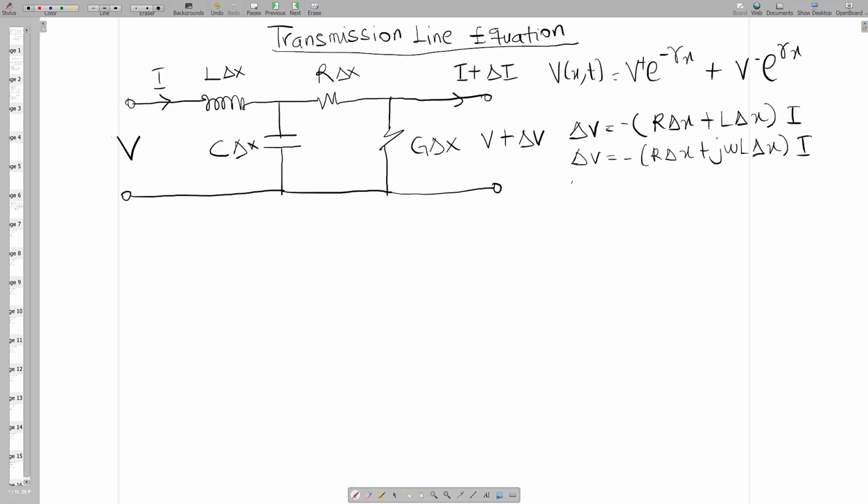So delta V, as we went on, we said that we had delta X to be common, so we brought it out.